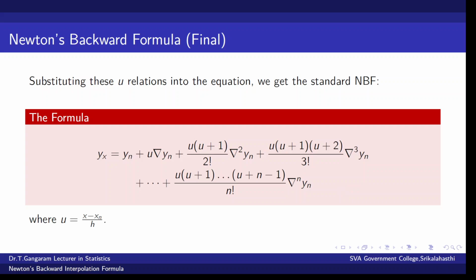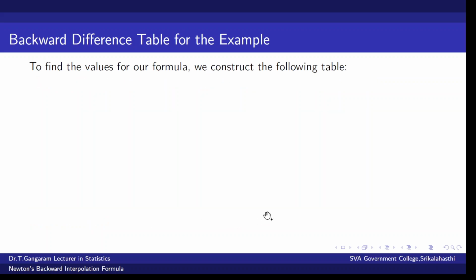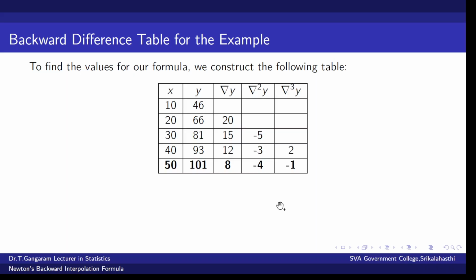For better understanding, here u is equal to x minus xn by h. Let us discuss an example. First, the x values are equidistant values 10 to 50, and y values are for 10 it is 46, and for 50 it is 101.